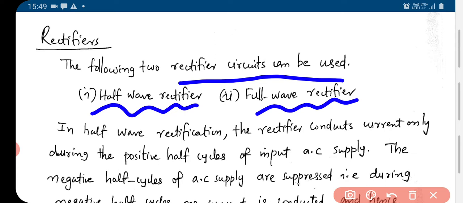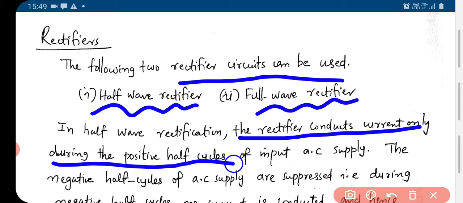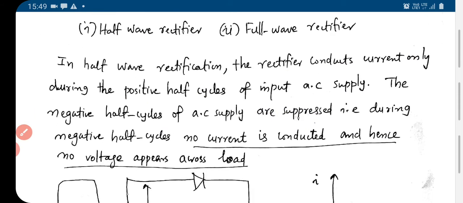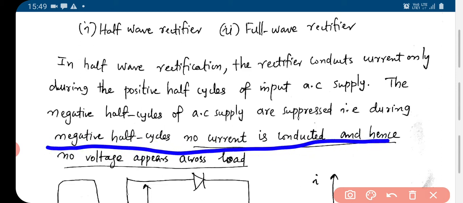Okay, in half wave rectification, the rectifier conducts current only during the positive half cycles of the input AC supply. Negative half cycles are suppressed. What that means is, during negative half cycles, no current is conducted and hence no voltage appears across the load, the load across which we take the output voltage.